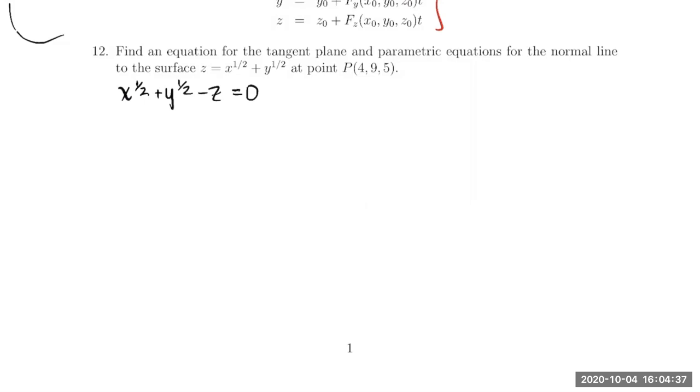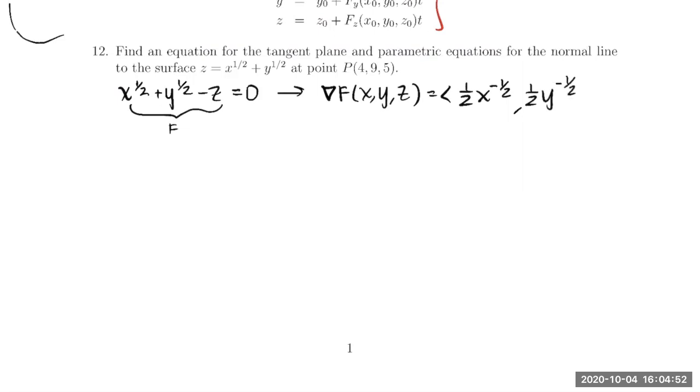So if I denote the left-hand side by f, then my gradient of f at any general point is 1/2 x to the negative 1/2, 1/2 y to the negative 1/2, and negative 1.